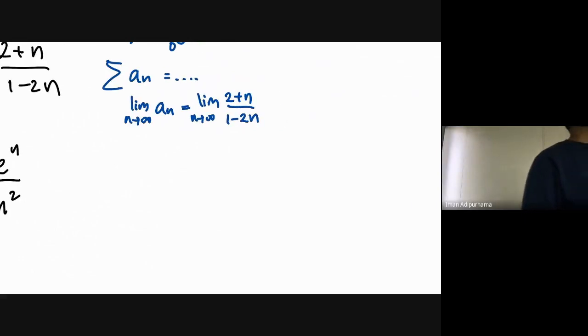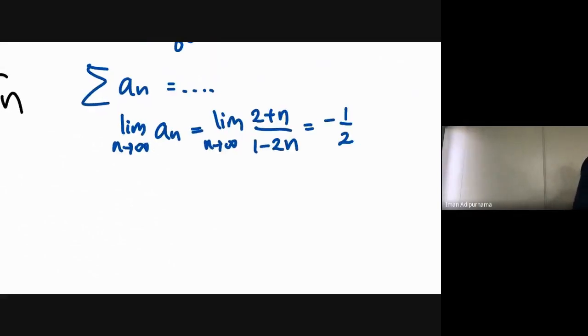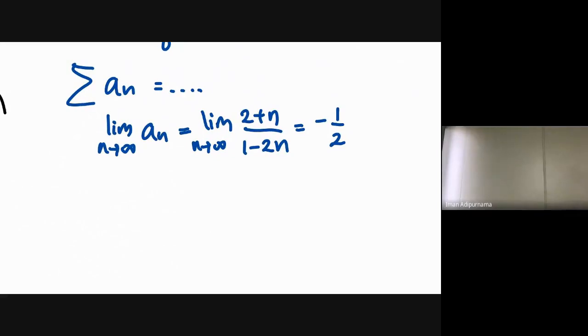and from this limit problem, we can conclude that the solution is negative half, right? It's not a complex problem. What you need to do is just use the limit, okay? Try to determine the limit of this sequence from the series, and when you find that it's not zero, you can conclude that, okay, this diverges.